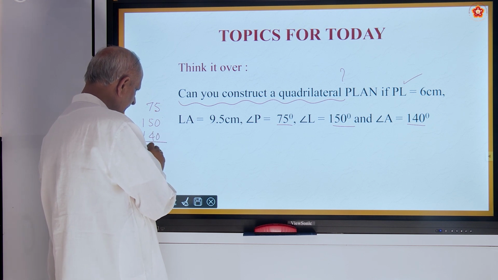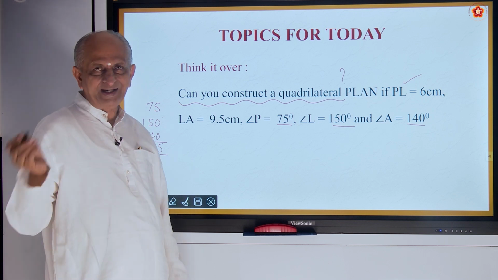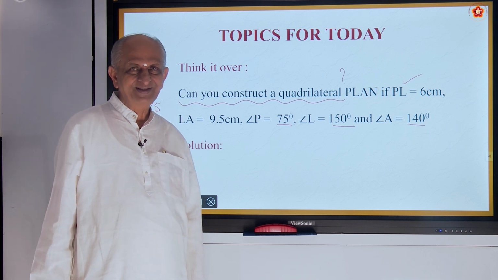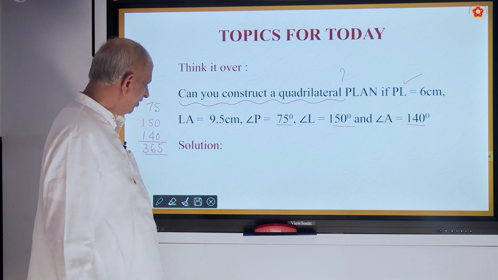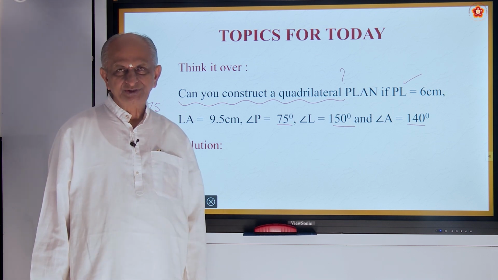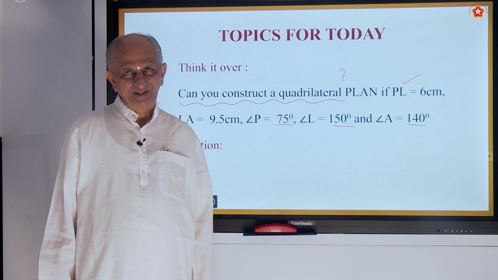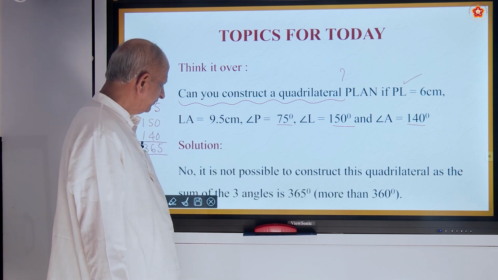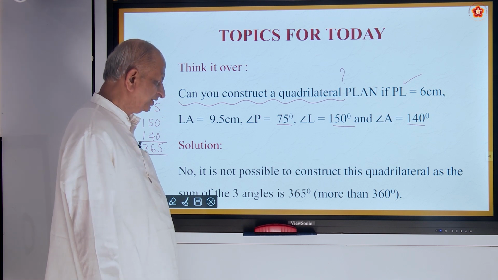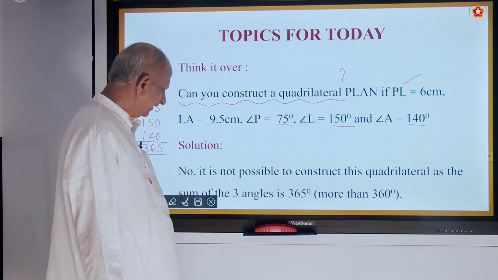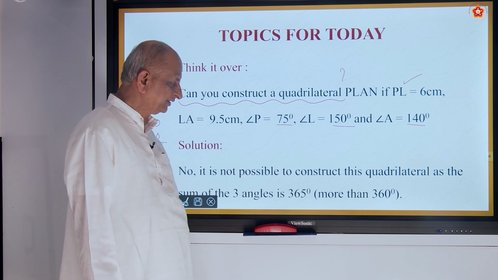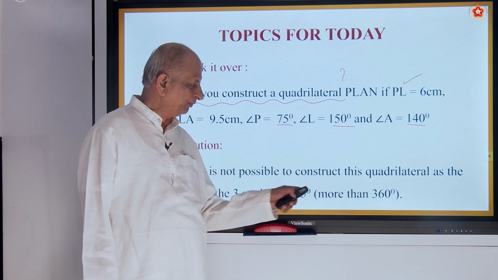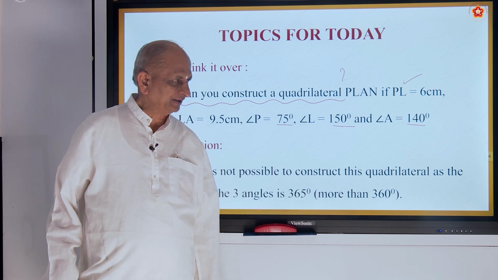It will be 365. So what is the sum of all the angles of a quadrilateral? 360. How much is it coming now? 365. So what is your conclusion? The conclusion is it is not possible to construct a quadrilateral as the sum of the 3 angles is 365 degrees. It is more than 360.